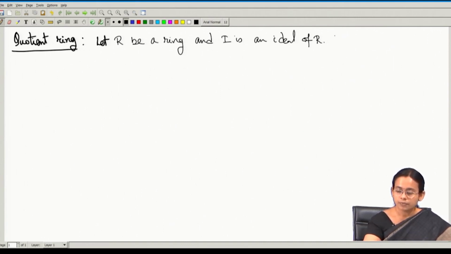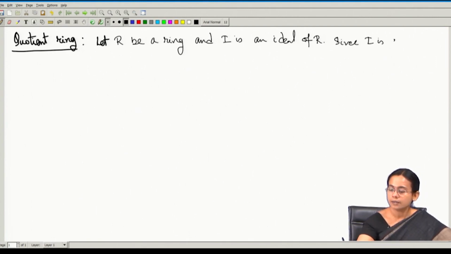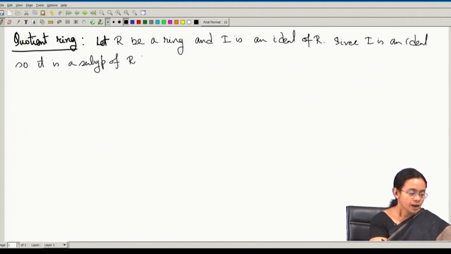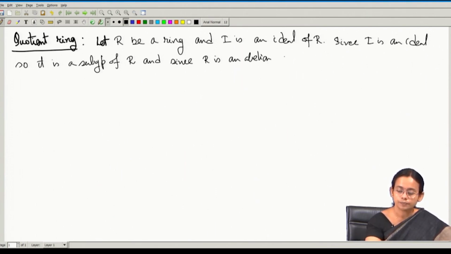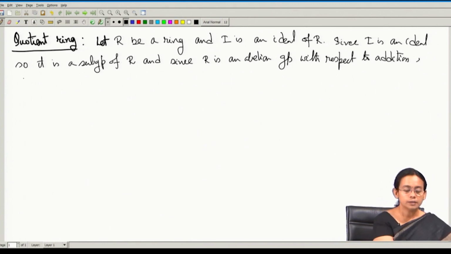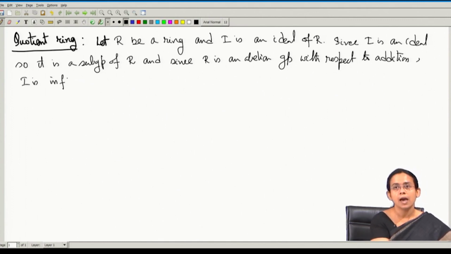Let me first write down that since I is an ideal, it is a subgroup of R, and since R is an abelian group with respect to addition, this I is in fact a normal subgroup, because every subgroup is a normal subgroup in an abelian group.